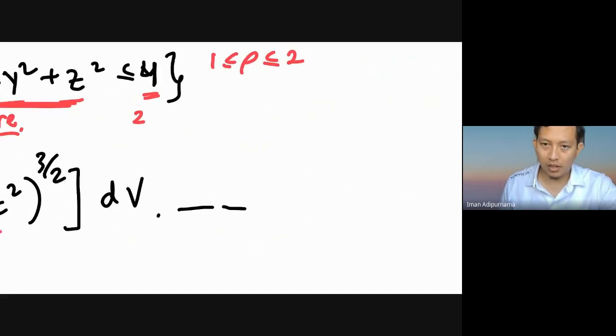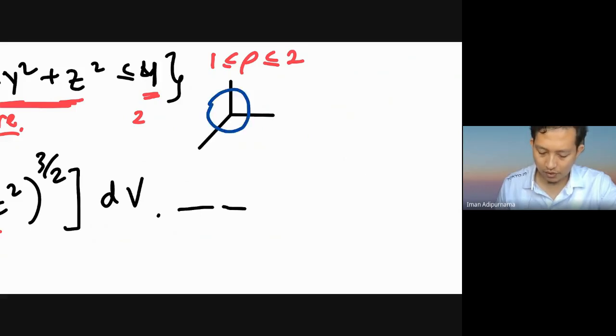And how about the other angles? So if you remember the sphere, let me draw the sphere, because it doesn't tell you anything else aside from this sphere. First, the theta that is in the xy plane here, it will be the whole circle, right?